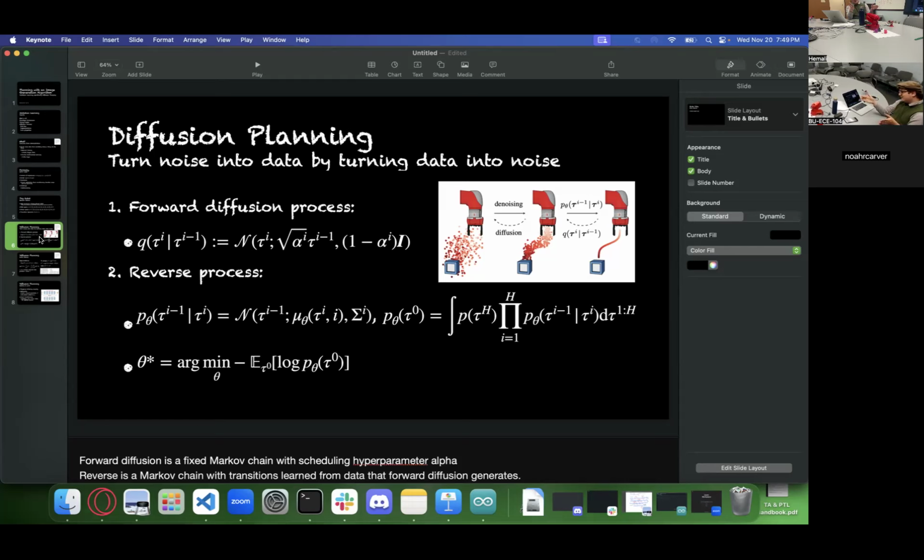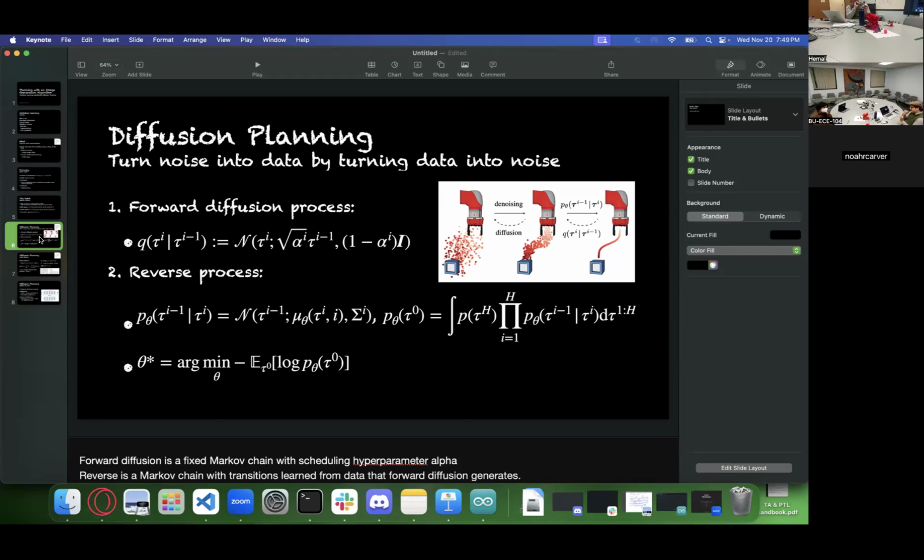And then in diffusion, we have time from clean data at t0 or tau 0 to completely noisy data at the diffusion horizon. I've decided to call it just because it makes more sense to me that way.